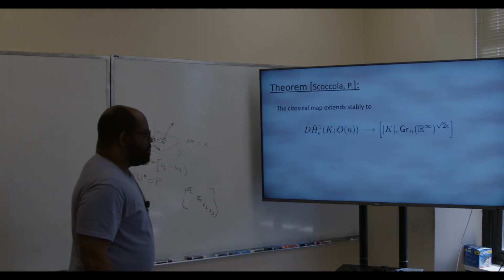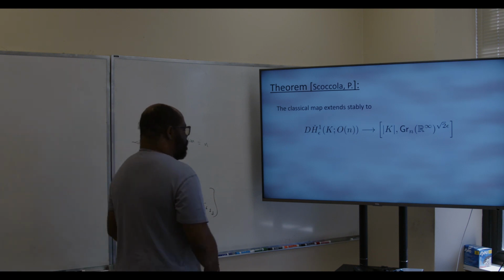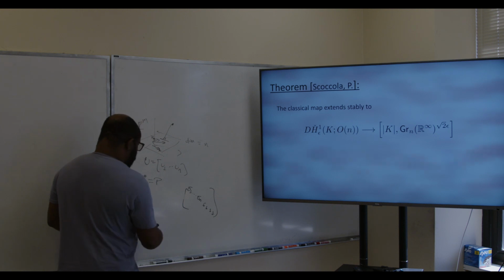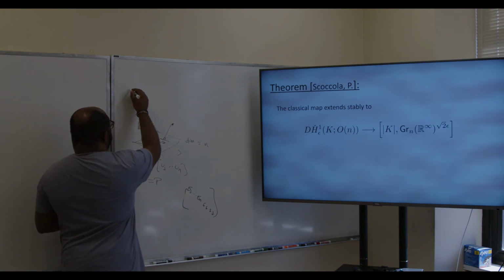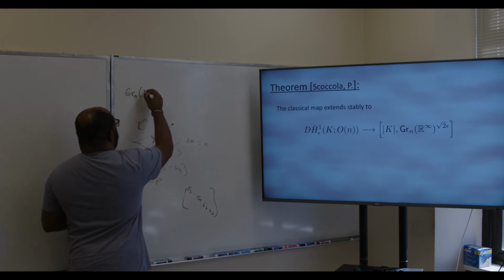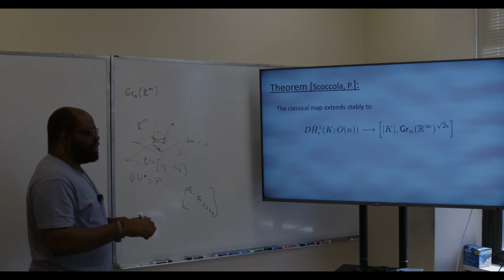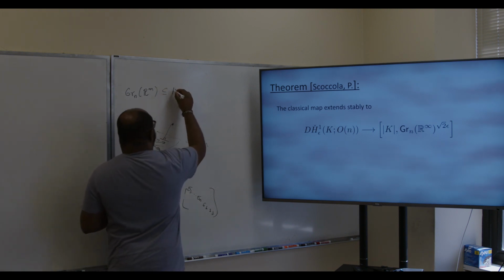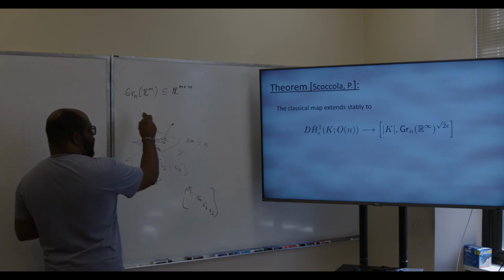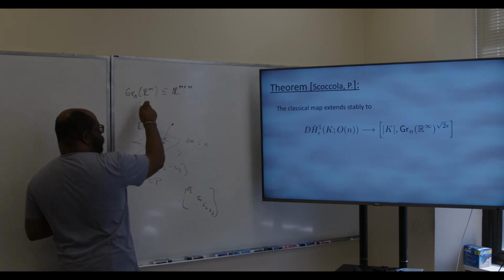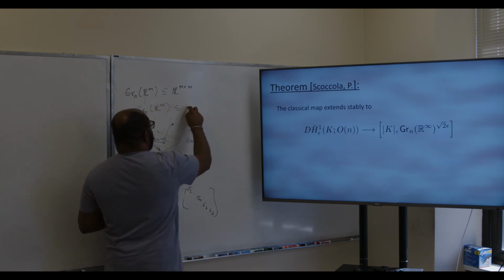Where does the square root of 2 come from? It comes from the following. I'm thinking of the Grassmannian as M by M matrices, so this is a subset of R^(M×M). Then I'm taking the colimit as M goes to infinity, so you get the infinite Grassmannian inside of R^(∞×∞).